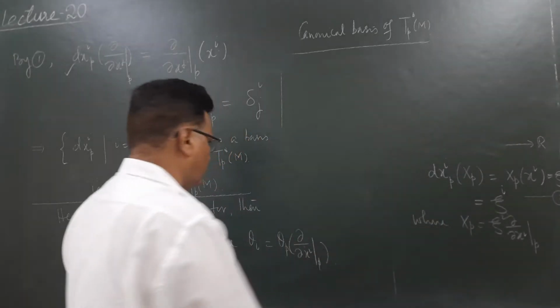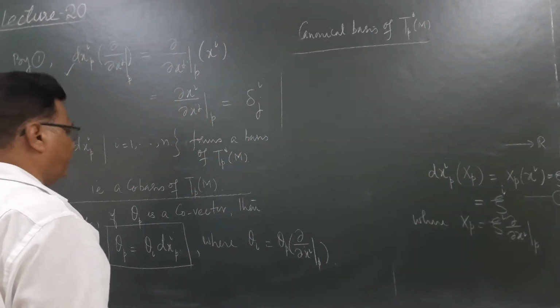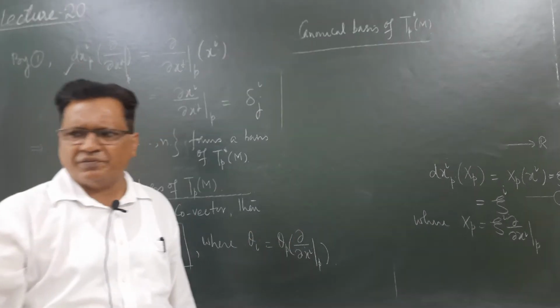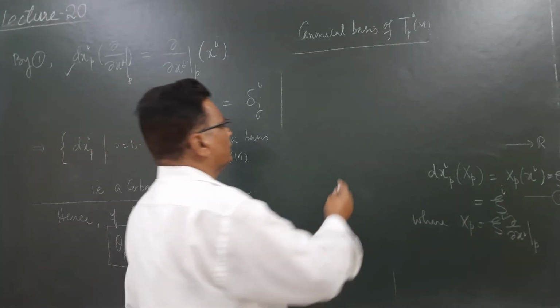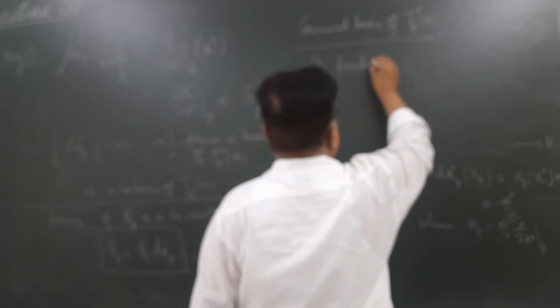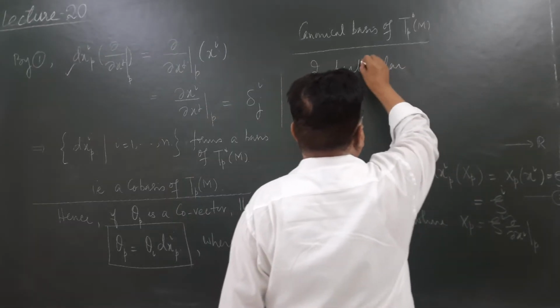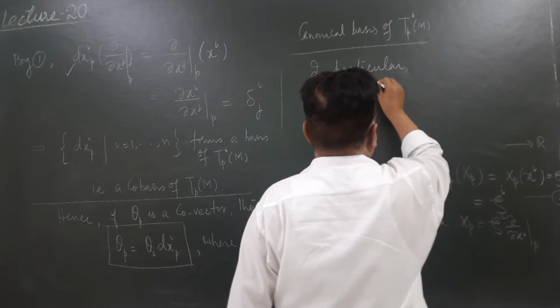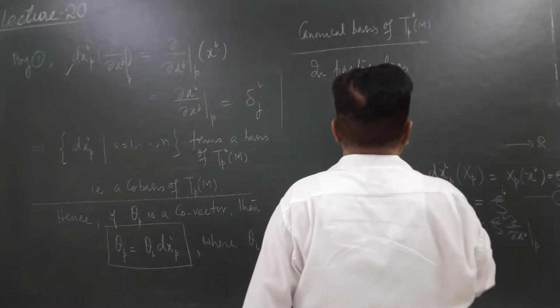Now in particular, if you are searching for dfp, dfp is an example of a covector. So in particular, dfp will be equal to what?